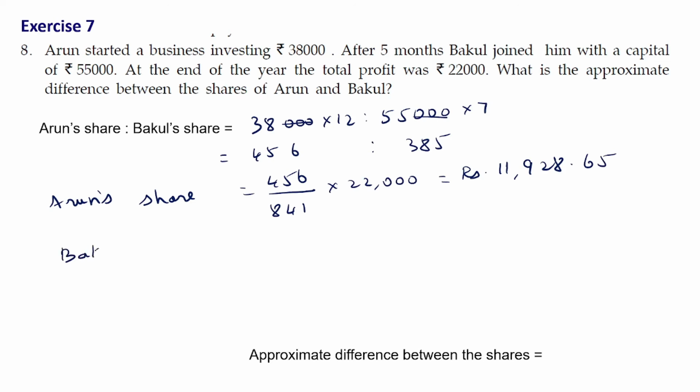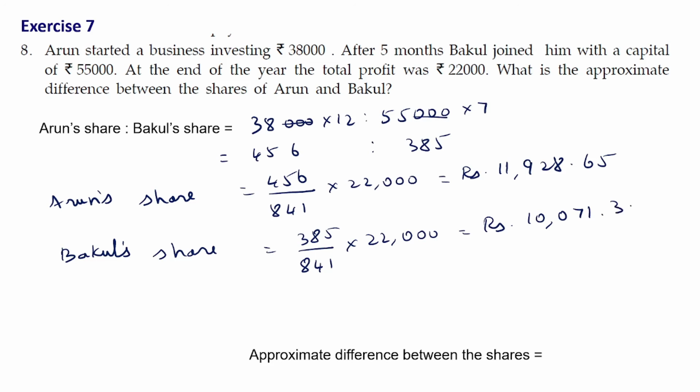Then Bakul's share is equal to 385 upon the sum of these two, 456 plus 385, that is 841, into 22,000. So when we simplify, we get rupees 10,071.34.